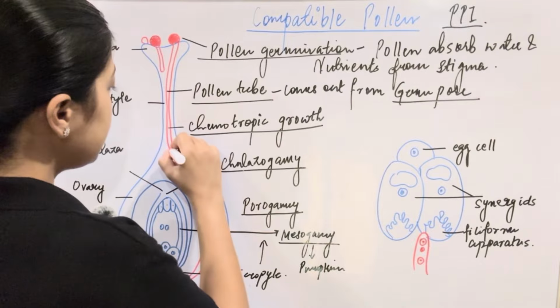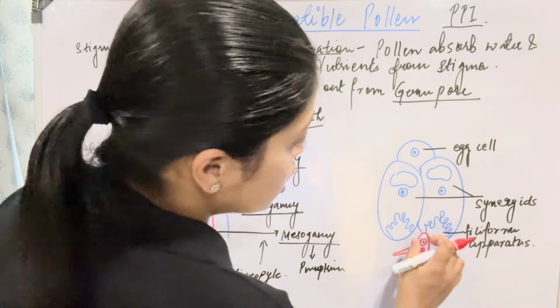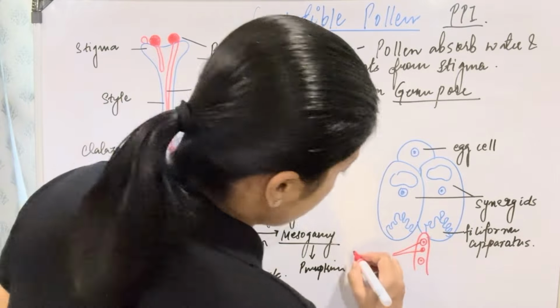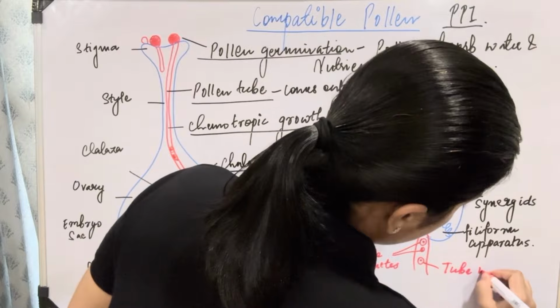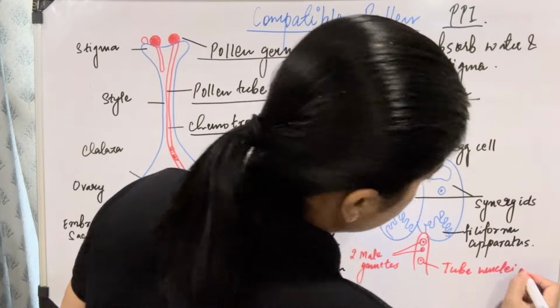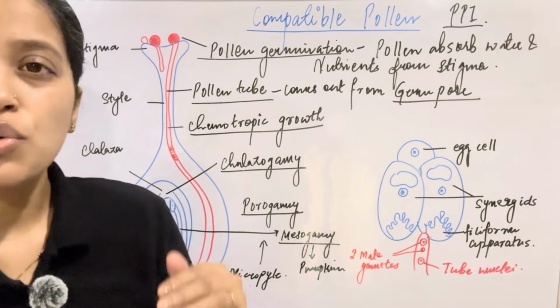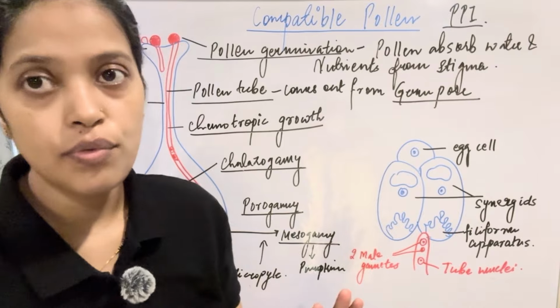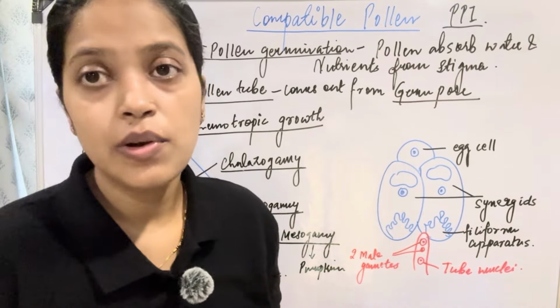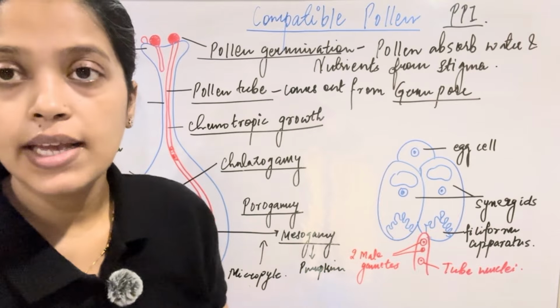This is the pollen tube I have drawn, these are the two male gametes, and this is the tube nucleus, or vegetative nucleus. The tube nucleus also guides the pollen tube growth towards the ovule. Later it degenerates, so what is left is the two male gametes.